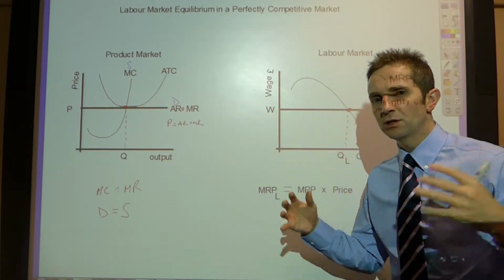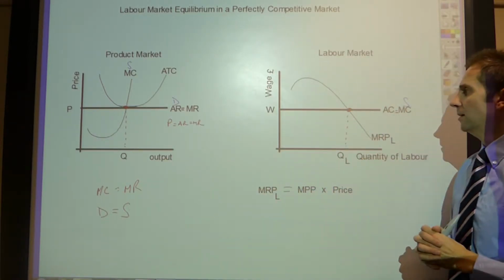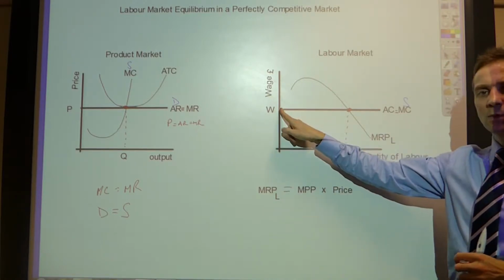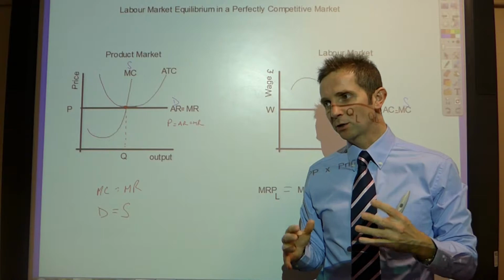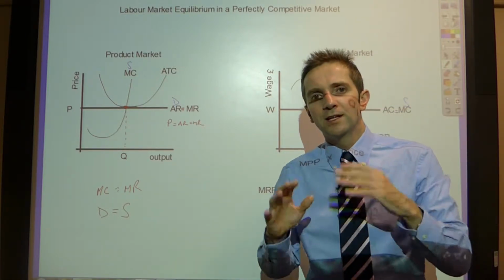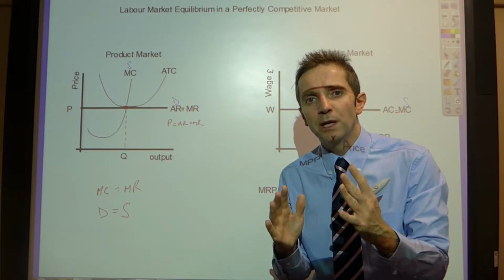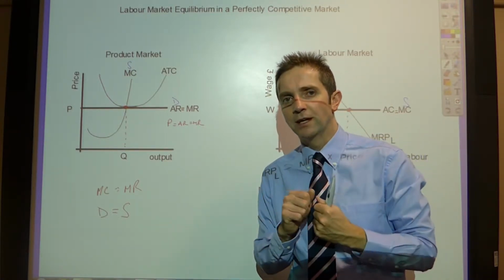So you can see already the similarities with this diagram. This is the wage being paid, and in the perfectly competitive labour market we are assuming that we can employ as many units of labour as we want at the same wage. That's the crucial thing here.